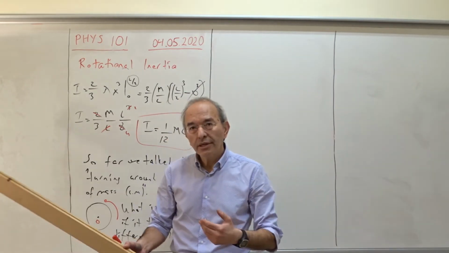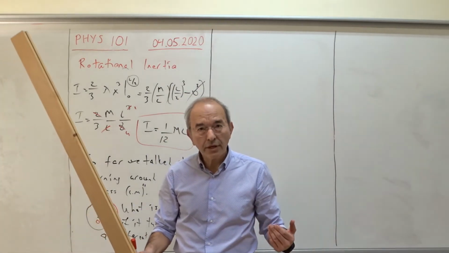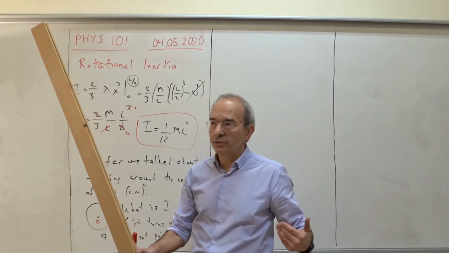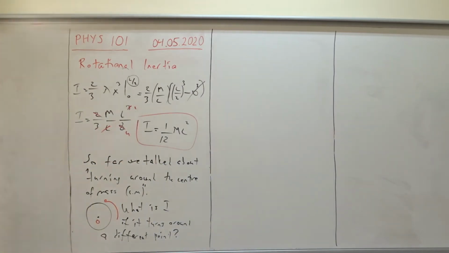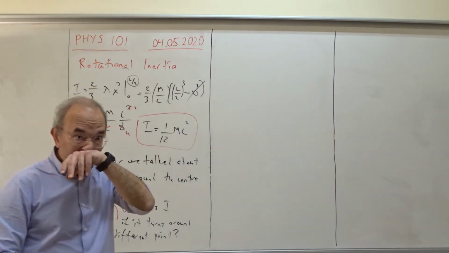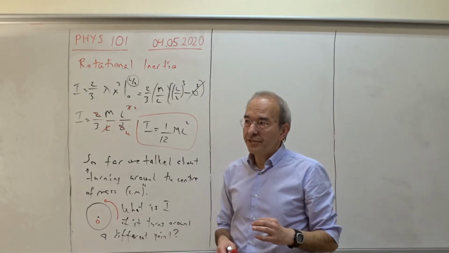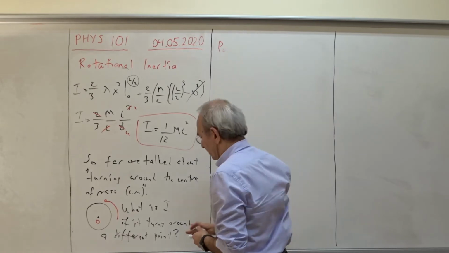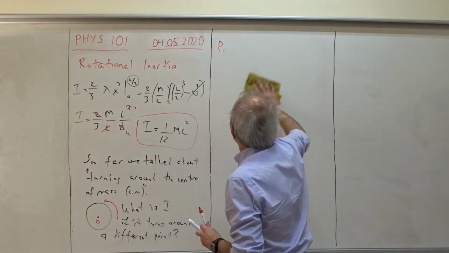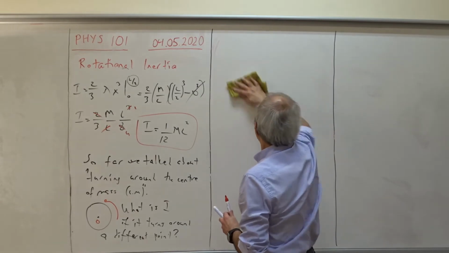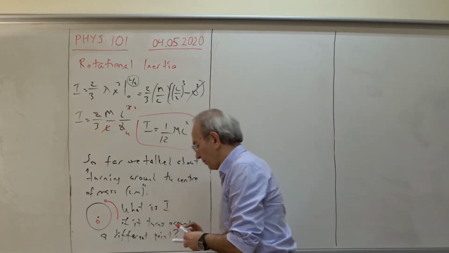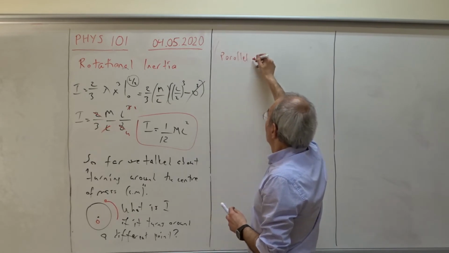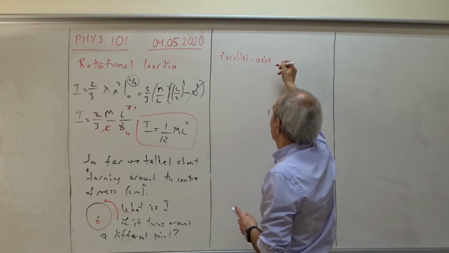Alright, now let's compare the kinds of rotation and get the new formula for a rotation around a different point. This is called the parallel axis theorem.